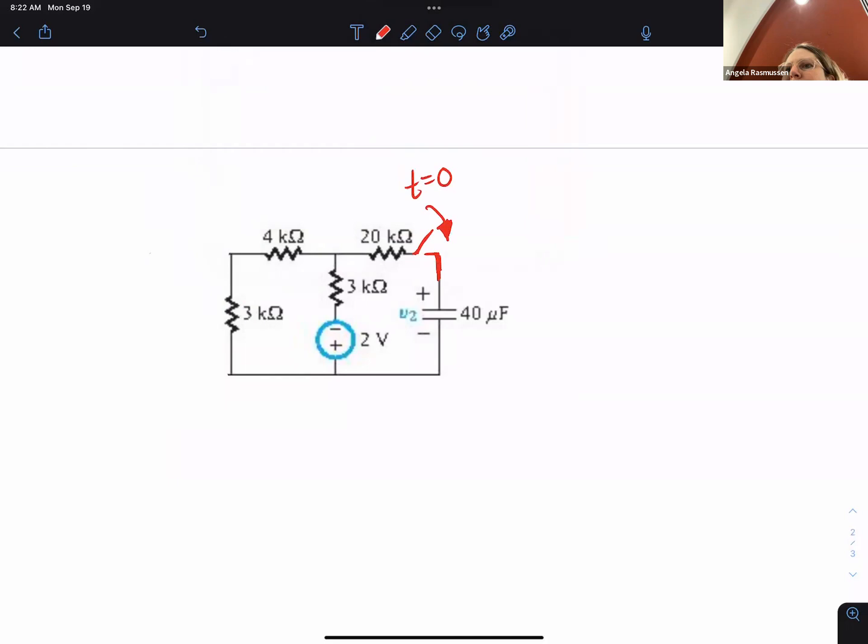Okay, so we want to write an expression for V2 of t. Switch is closed at t equals 0.